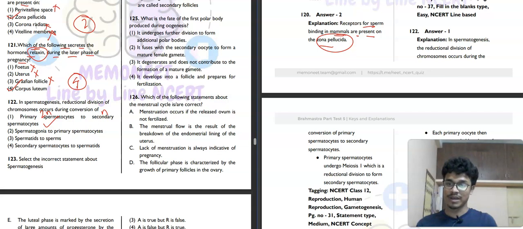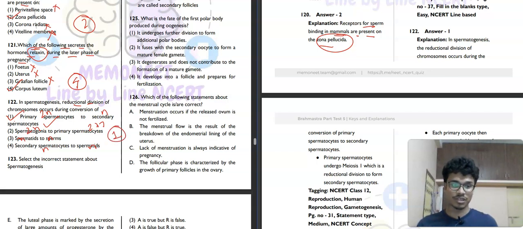Spermatogonia to primary spermatocyte, 2n to 2n, no. Spermatids to sperms, n and n, no. Secondary spermatocyte to spermatids, it is also no. So the reductional division happens only in the first option. That's why first is the correct answer for this question.